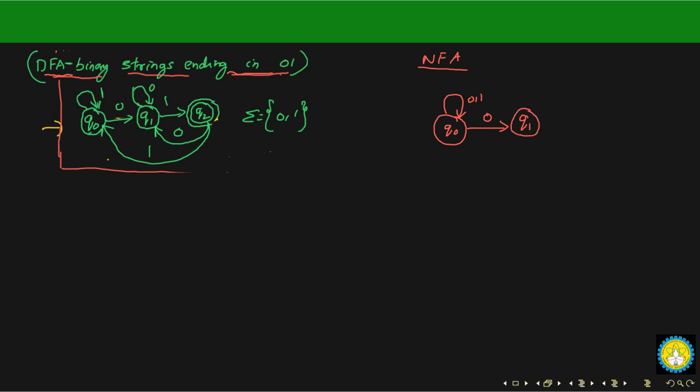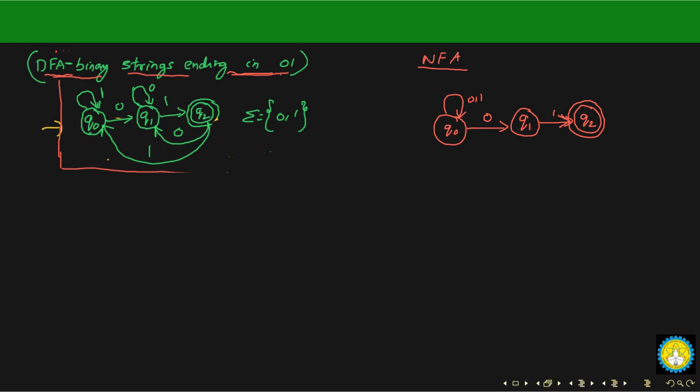And then if I see a 1 after that, I will be at Q2, and Q2 is going to be my final state. So here are a few important things to be noted. And this is the NFA. That's it. There is nothing fancier than this.